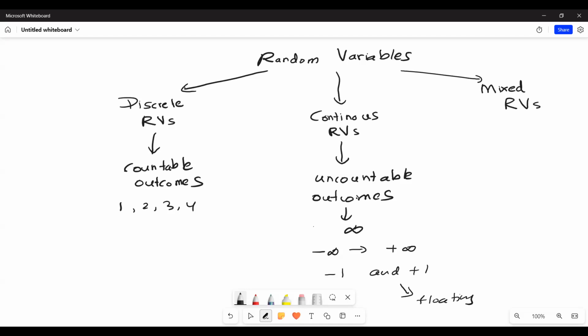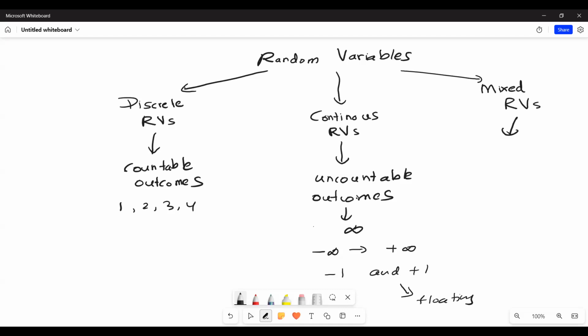So we can define uncountable outcomes between the region we select. If an experiment has uncountable outcomes like that, then the random variable that defines that experiment is a continuous random variable.